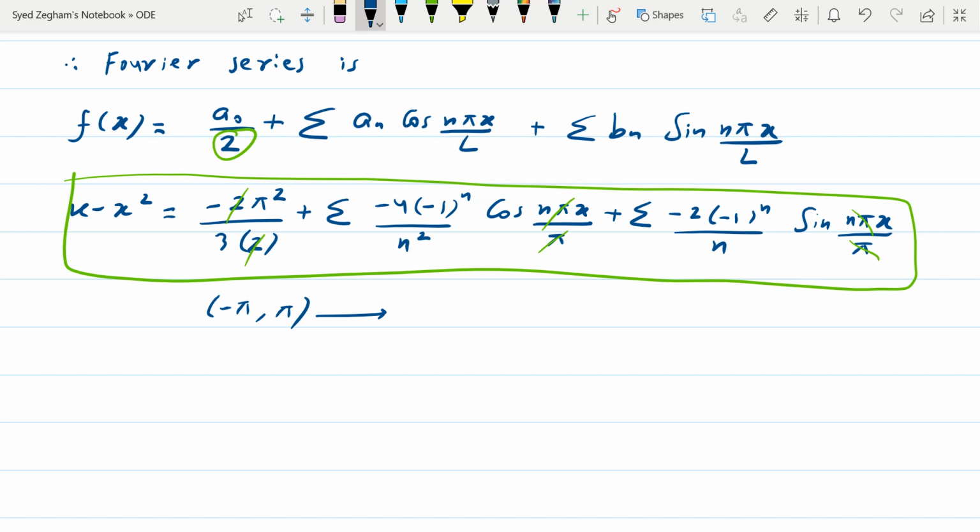So let us try to use the midpoint of this interval. As you can see, the midpoint of this interval will be 0. So let us see what happens if I put x equal to 0 in my Fourier series.